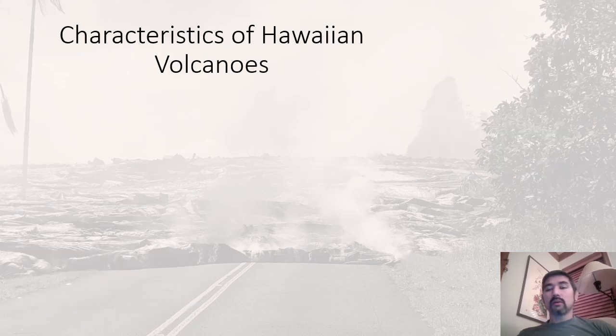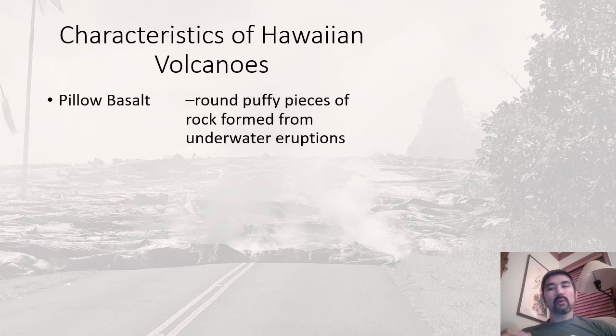Okay, let's talk about how individual volcanoes are created as the hotspot melts the crust over the Earth. As the crust melts, it creates what we call pillow basalt. You have to remember the crust is melting beneath the ocean, right? So we have this incredibly hot magma which is hitting water immediately, and so it's cooling down super fast.